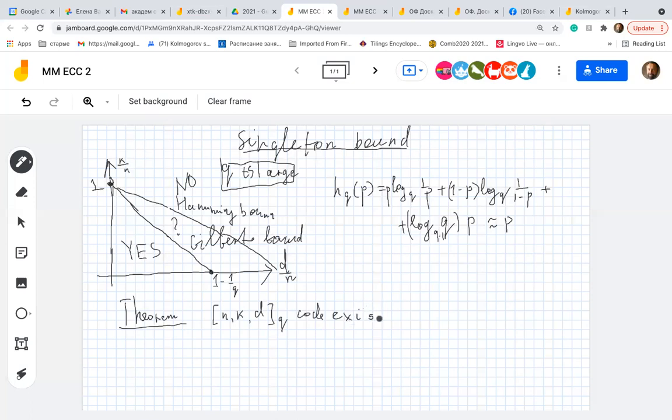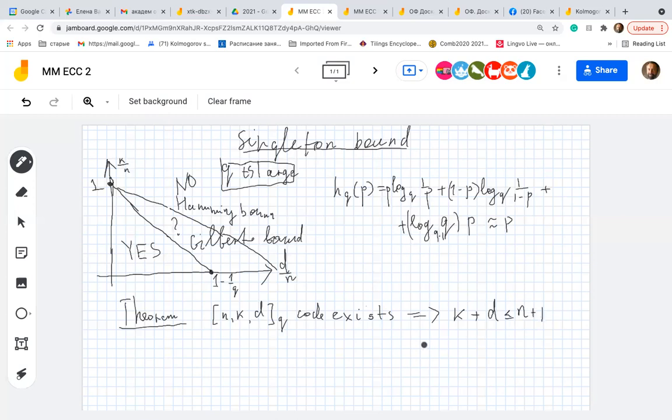And it's very simple. If a code with parameters n, q, d exists, then q, k plus d is at most n plus 1.